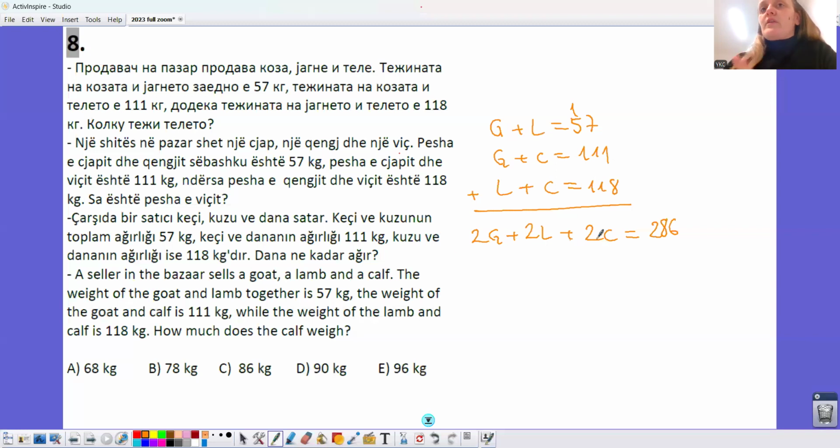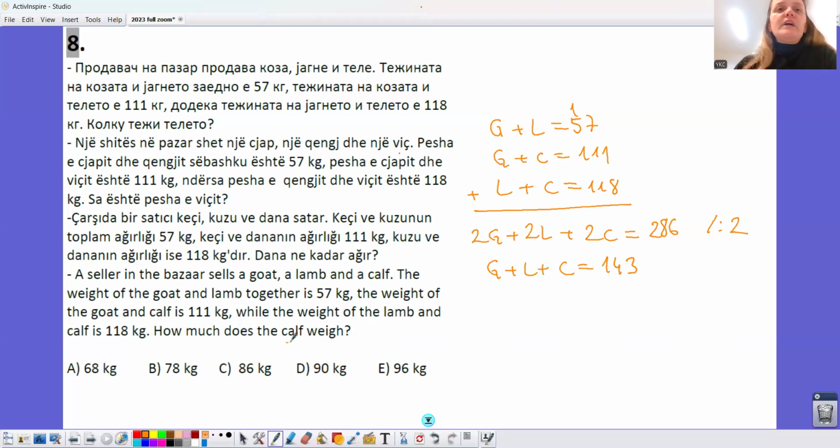All of them are with 2, so I can simplify by 2. So I will find the sum of the weights of all the animals. 286 divided by 2 is 143. So this is the total weight of 3 animals.